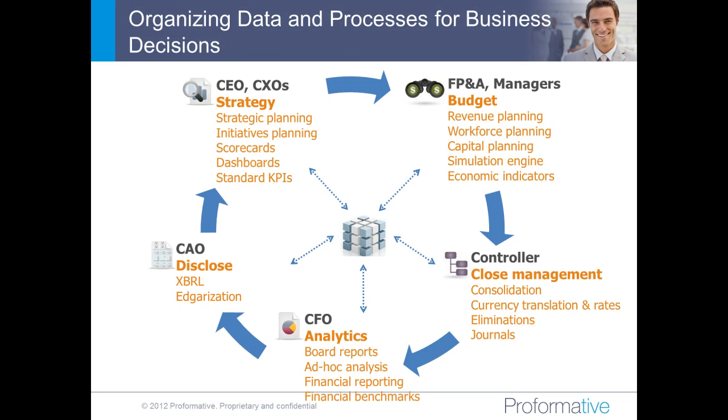So we're going to be going through a lot of information about the close process, the disclose process. We'll talk about the various roles and the various activities throughout that particular process. And you can see that it's a very complex process, and even within finance, there's going to be a lot of people involved. And they're basically illustrated here on this particular slide. So we will definitely cover that.